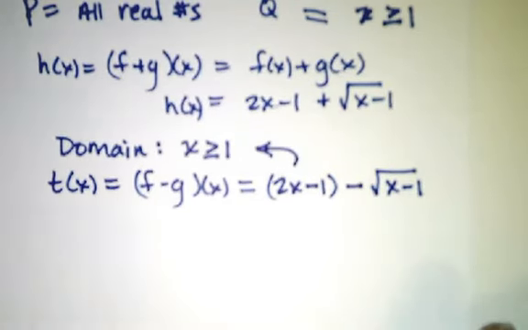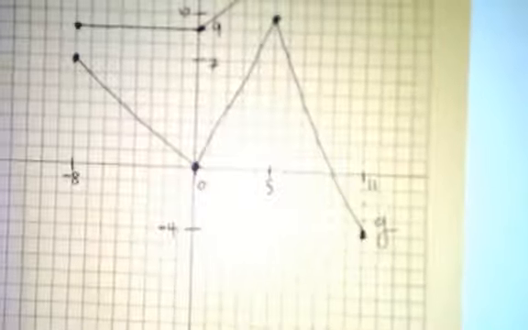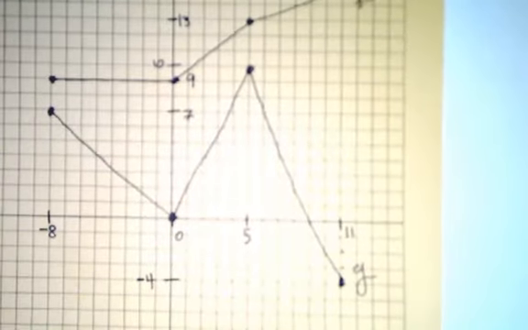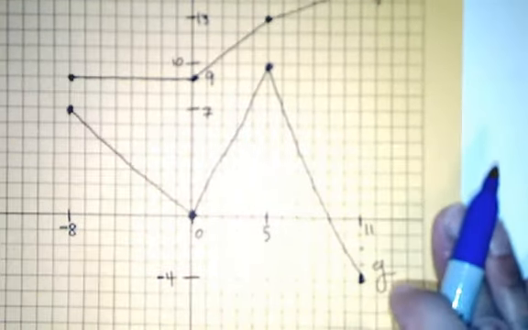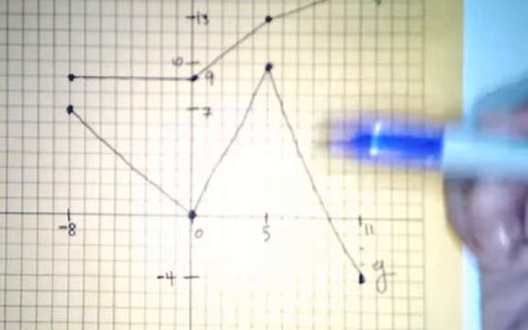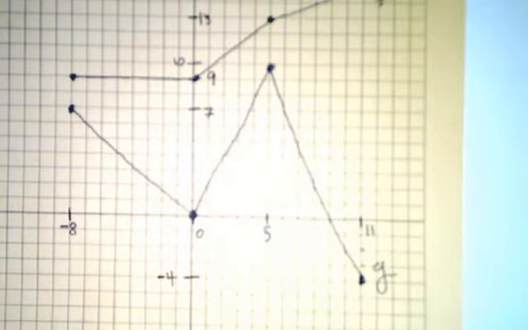Now let's evaluate finding the sum of two functions from a graph. So let's say this is our graph of our two functions. The top one is f and this bottom one is g. And let's see what it would mean to sum up, or to define the sum of these two functions.